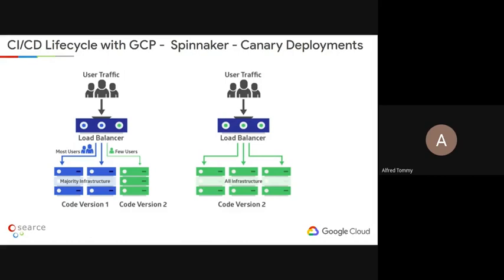Is the new UI looking good? Is the update satisfactory for the new users? So if you get good feedback, then you can decide to actually roll that out to your entire application. So essentially all your users will get the new version of the application. And usually it's called canary deployment because these are done in incremental fashion. So initially you would route it to 10% of your users, then the newer version would get routed to 20%, 30%, so on and so forth incrementally until the entire user base is being served with the new version of the application.